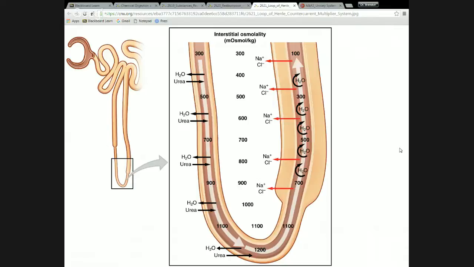So as you go down deeper and deeper, the fluid inside the loop is getting more and more concentrated as water is pulled out by osmotic pressure.